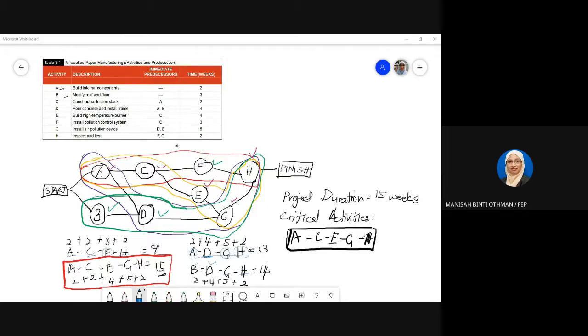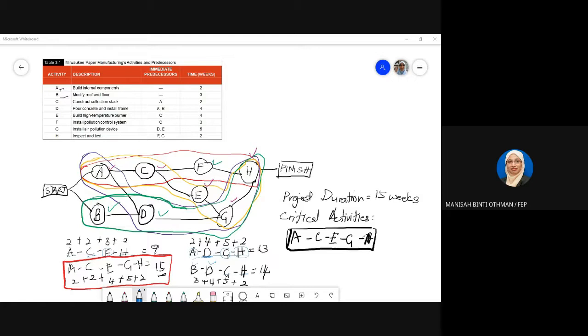So you have one project, and to complete that project, you have to identify the activities that you need. In this case, I'm not sure which project it is because I don't have the textbook here.